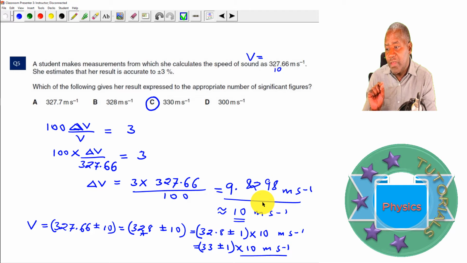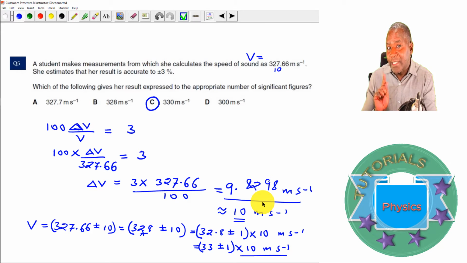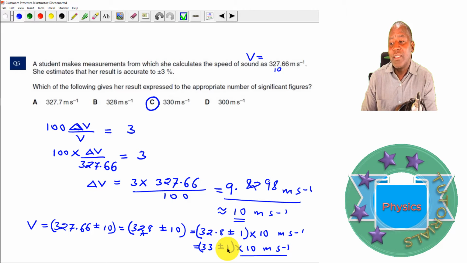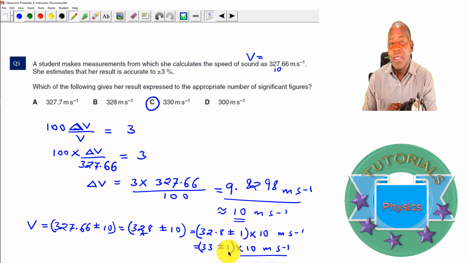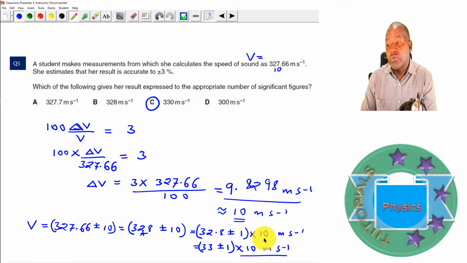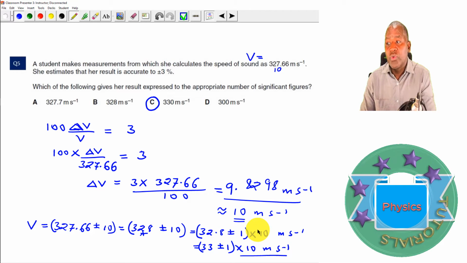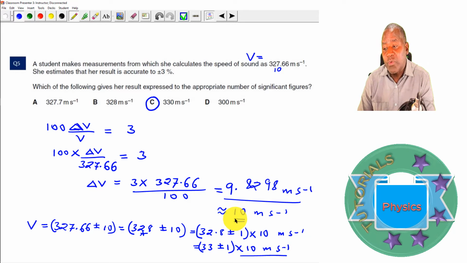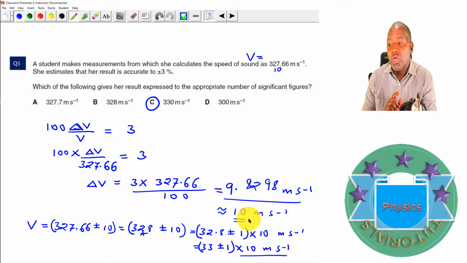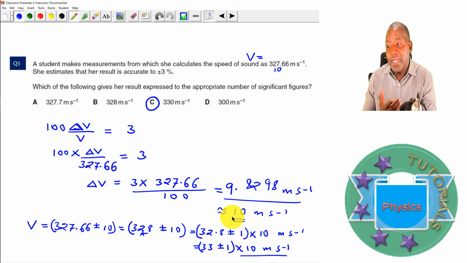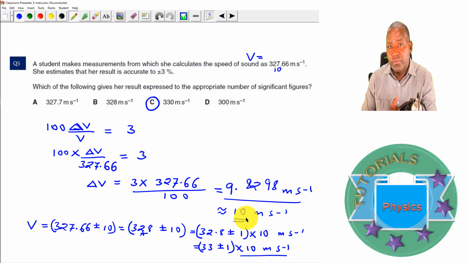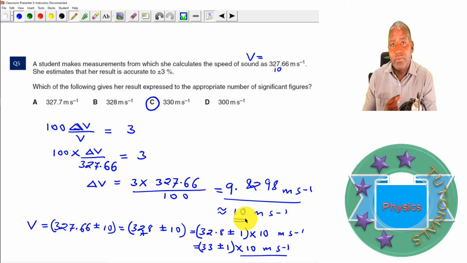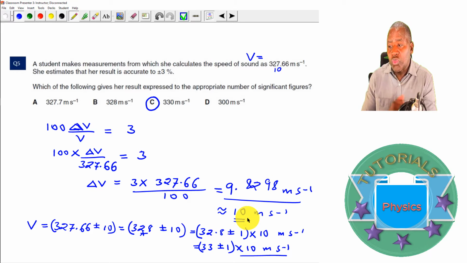But if you've got the freedom to write it down all by yourself, then always try to write the uncertainties to 1 significant figure, and you can use standard form to do that. When you write the uncertainty as 10 meters per second, somebody looking at this number may not know to how many significant figures you have rounded it up to. But when it is written in standard form, it's clear whether it is 1 significant figure or 2 significant figures.